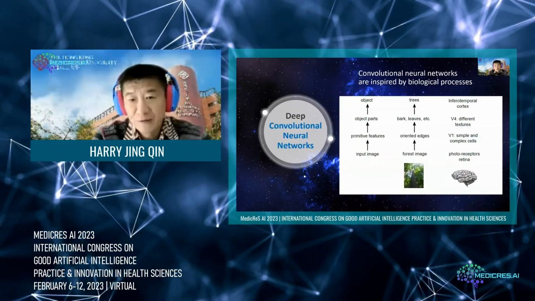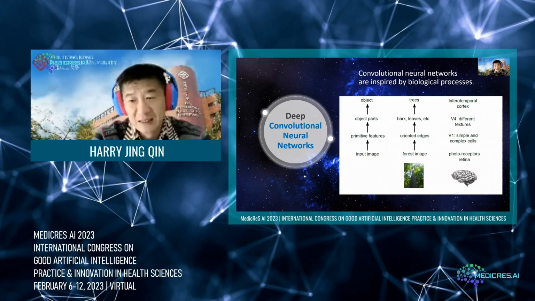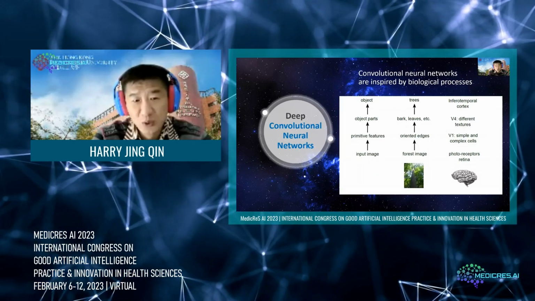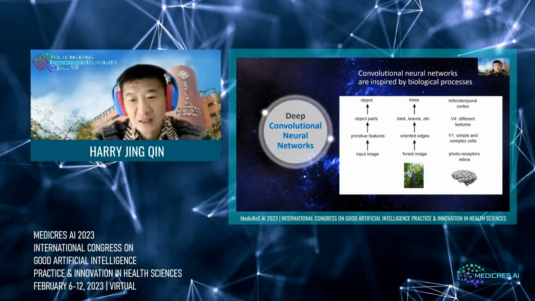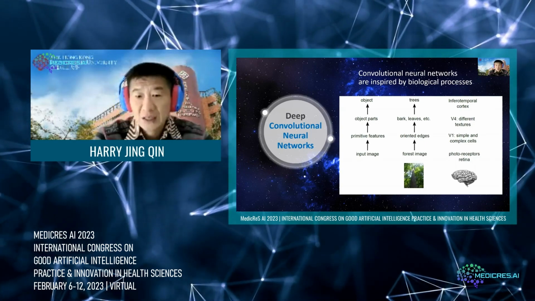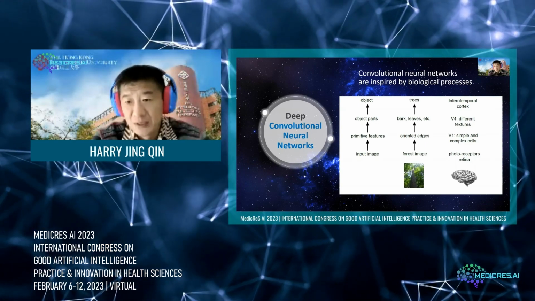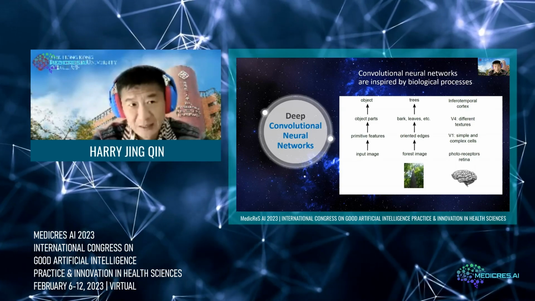As mentioned, one of the most widely used deep learning techniques is the deep convolutional neural network. So what is a deep convolutional neural network? A convolutional neural network is in principle a type of artificial neural network.